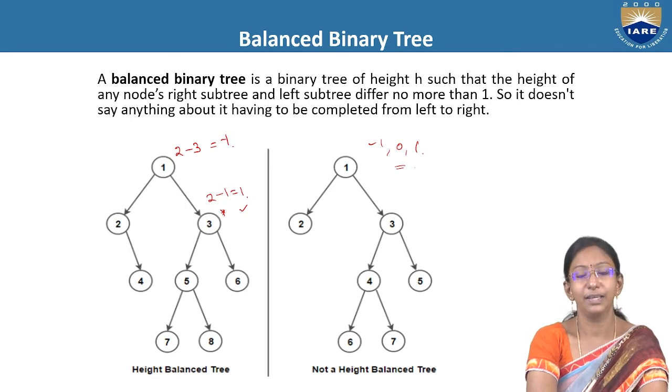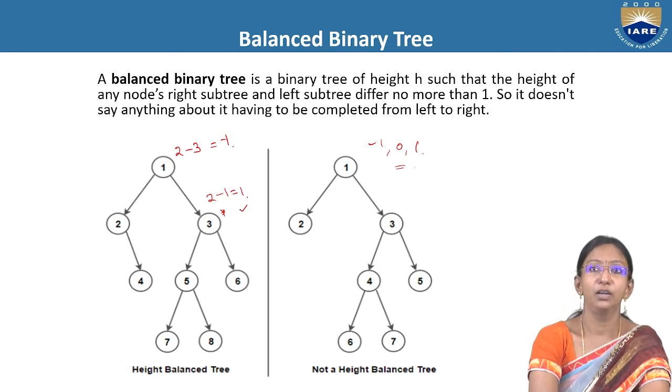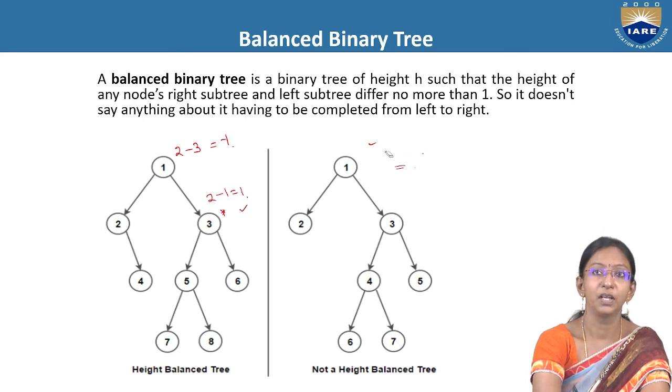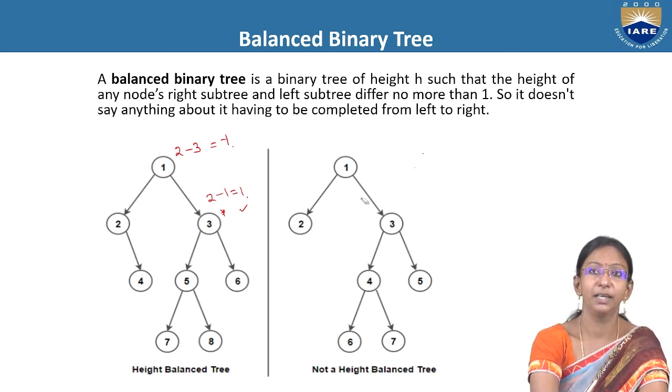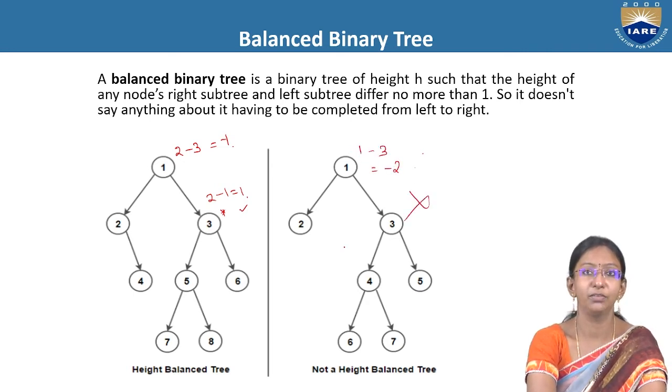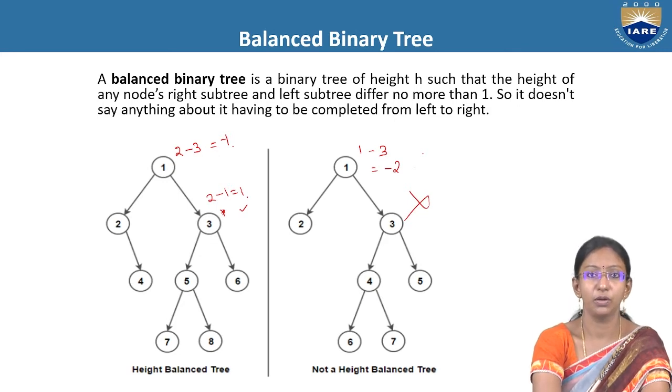In the right side figure, if you check the balance factor of the root, the left subtree height is 1, the right is 3, and the difference is minus 2. So this is not a balanced one, it's an unbalanced one.